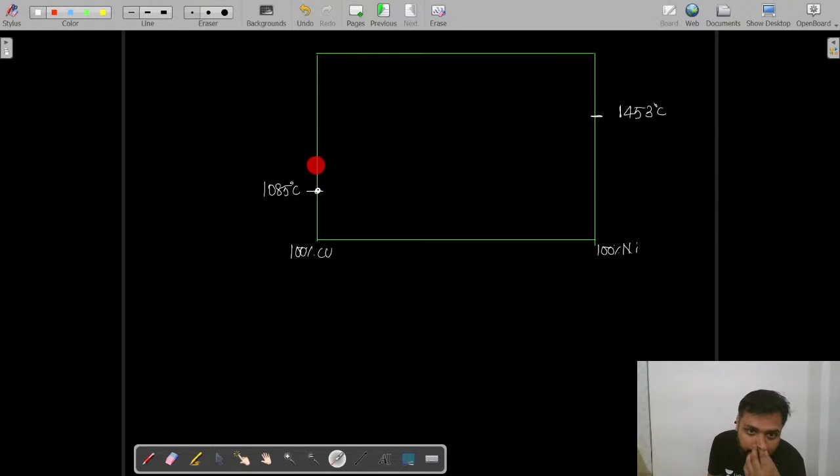As the temperature comes down, it will reach 1085, and solidification will happen at constant temperature. All the different copper atoms will start to bond together in a regular pattern known as a unit cell, like a face centered cubic.